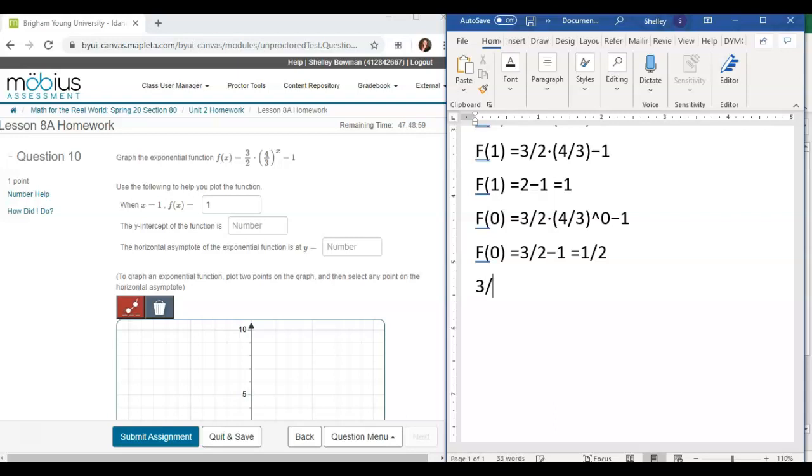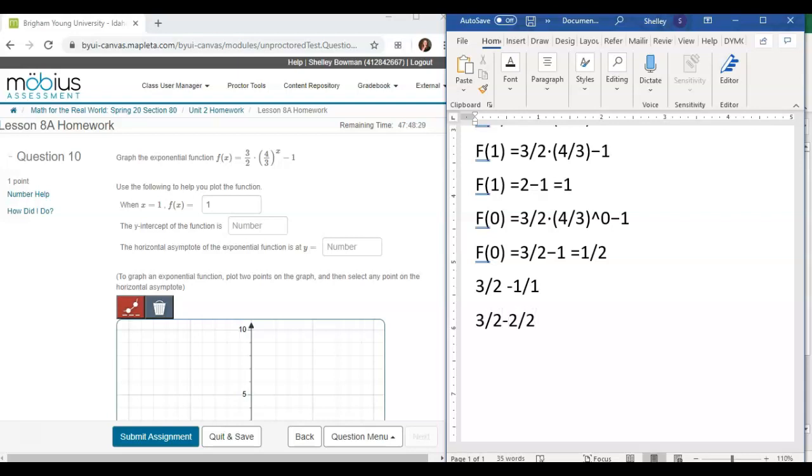If I have 3/2 and I want to subtract the 1, I need to have a common denominator. Since this denominator is a 2, and I can make 1 into a fraction by just putting it over a 1, then I take that denominator, the 2, and multiply it to the numerator and denominator of the number that I want to subtract so that they have the common denominator. So I end up with 3/2 minus 2/2.